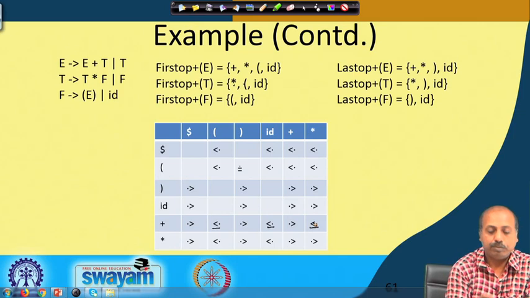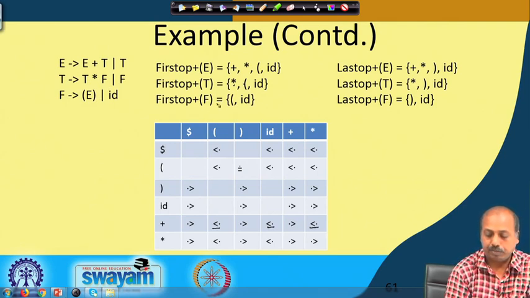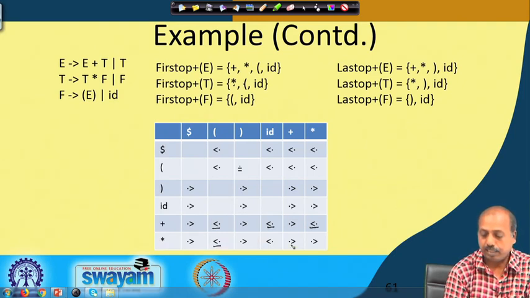And similarly, if you come to this rule T producing T star F, then star should be of lower precedence than the first of plus of F. So, star is of lower precedence than open parenthesis and this ID.